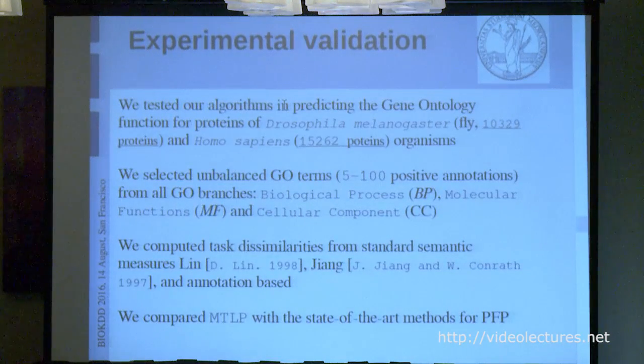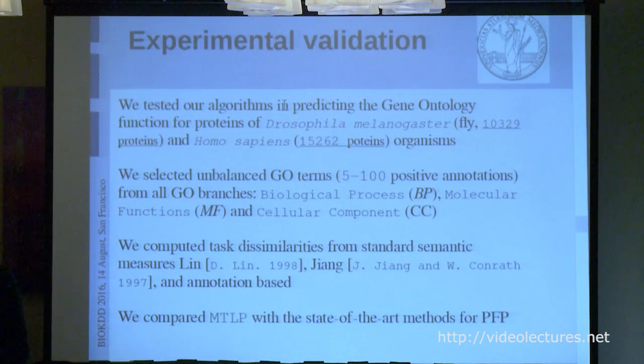We focus on protein function prediction, and we compute some similarity and dissimilarity measures for GO terms by using standard methods in the literature. We adopt the Lin and Jiang measures, and also an annotation-based measure which does not take into account the structure of the gene ontology.